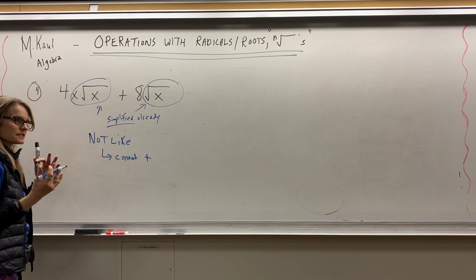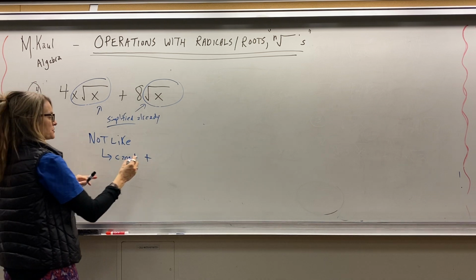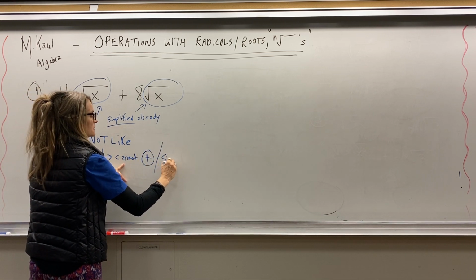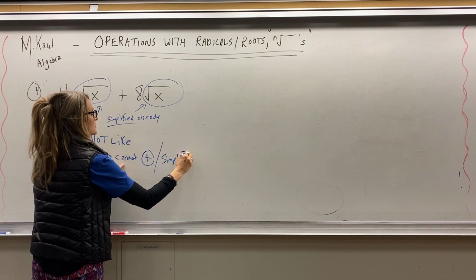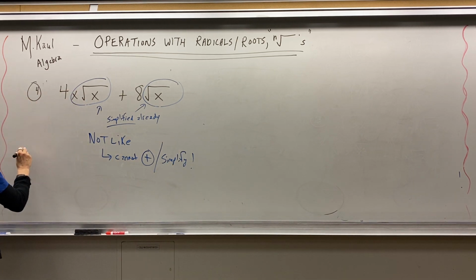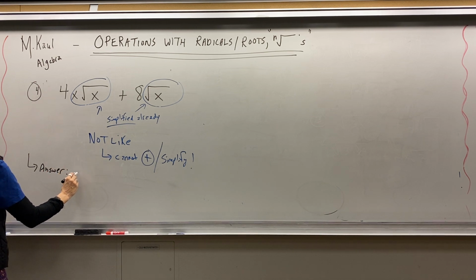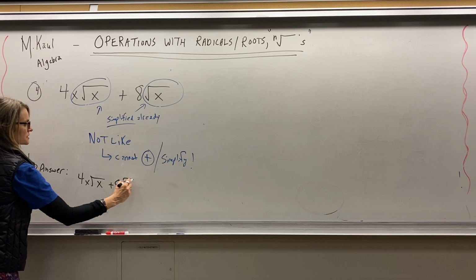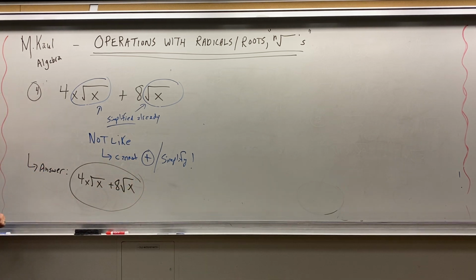So some problems just don't say simplify, they'll say add or subtract. So you cannot add or simplify. So your answer is just as it is. Okay, sometimes you're just stuck with radicals you can't do anything about.